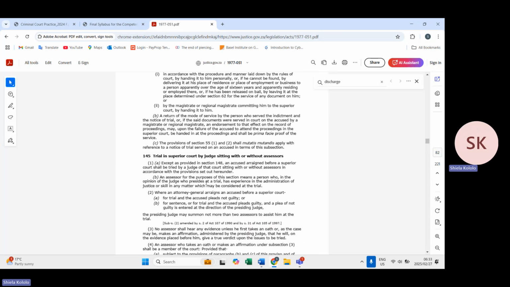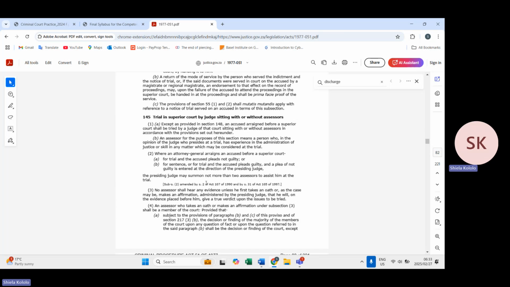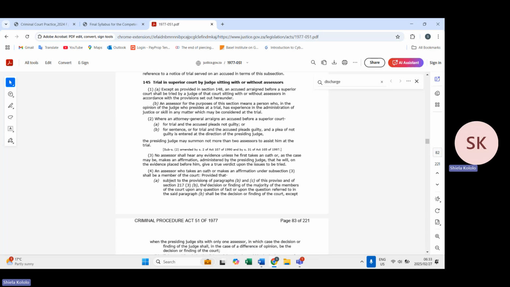And then trial in superior court by judge with or without assessors. Here you are looking at what the role of an assessor in a trial is and how they assist the judge. So in a criminal trial, a judge may sit with assessors. These are individuals who have experience in law or the specific subject matter of the trial. Their role is basically to assist the judge in making a determination on the facts.